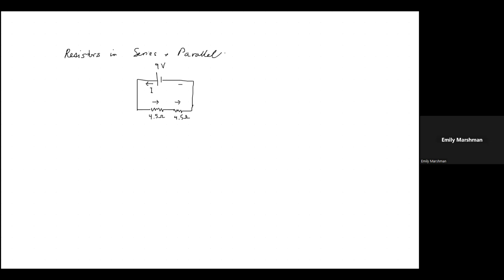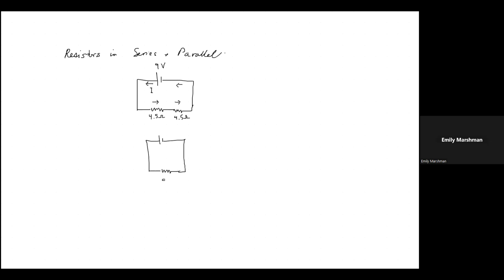And let's determine what that current is. If you have resistors in series, it's really easy. You can find the overall resistance of the circuit by simply adding them together. Because these are back to back, one right after the other in series, I can just add these two resistors together and create an equivalent resistance, which is simply 9 ohms.